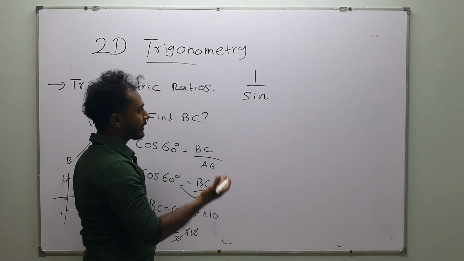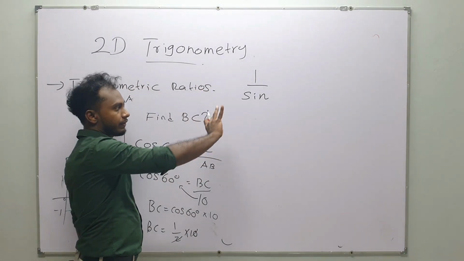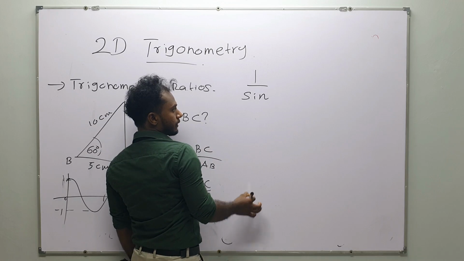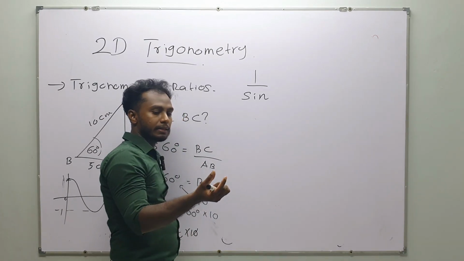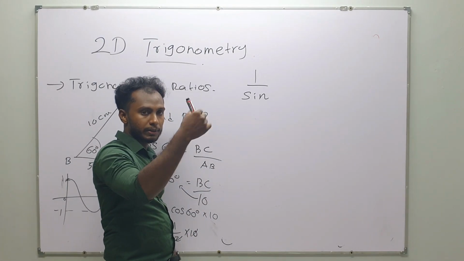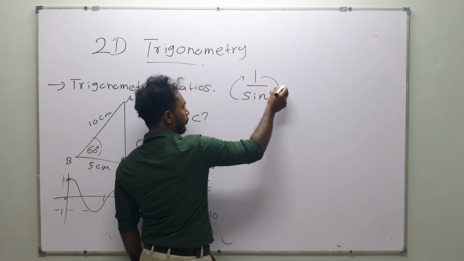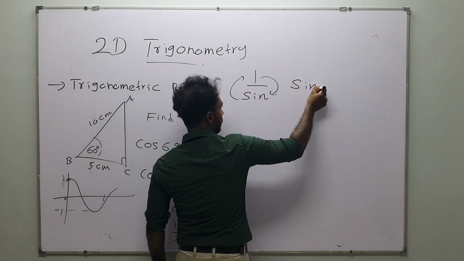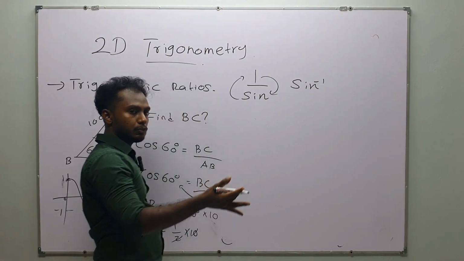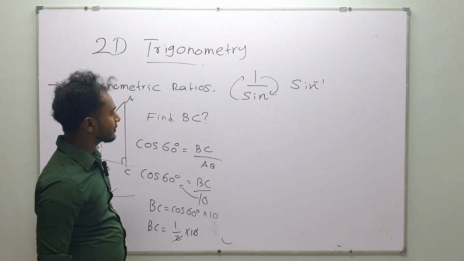When we take the reciprocal, what will happen? You know what reciprocal means? That means we are taking the denominator to the numerator and the numerator to the denominator. So when we take this here and this down, it will become sine inverse, right? Sine -1. Let me show how this happens.